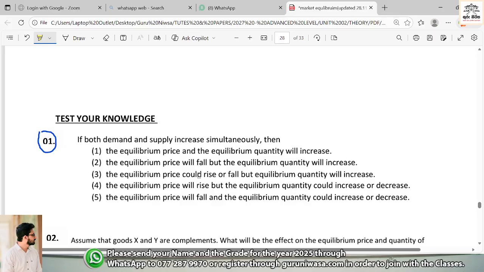Look at the graph. Equilibrium price would rise or fall, but equilibrium quantity will increase. What is the answer? First one, equilibrium price and quantity will increase. No. The equilibrium price will fall, but equilibrium quantity will increase.